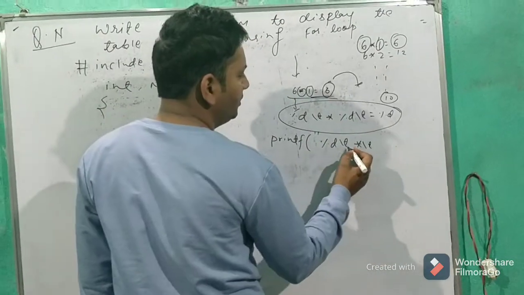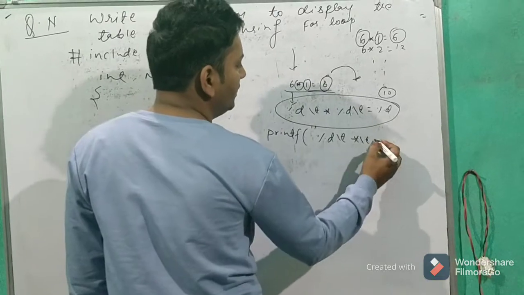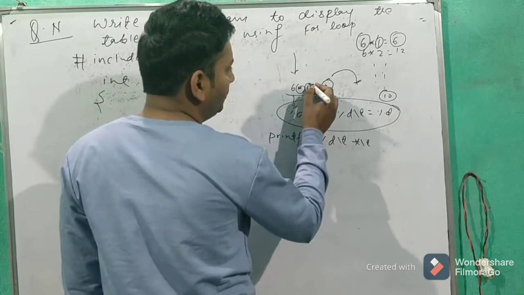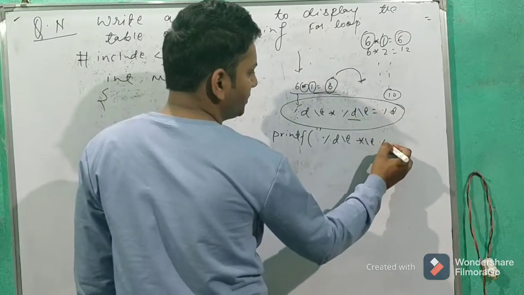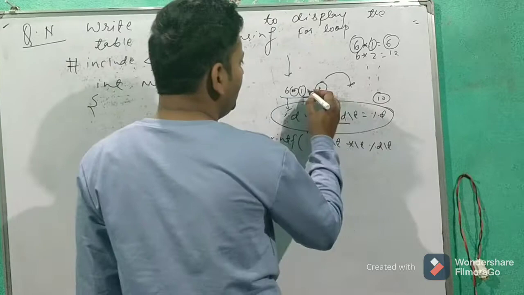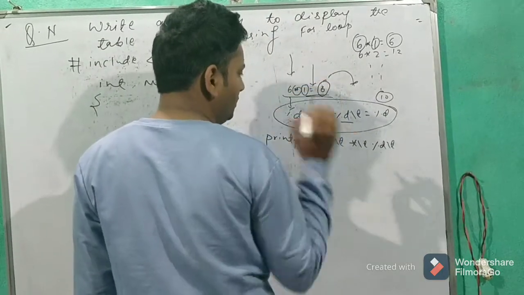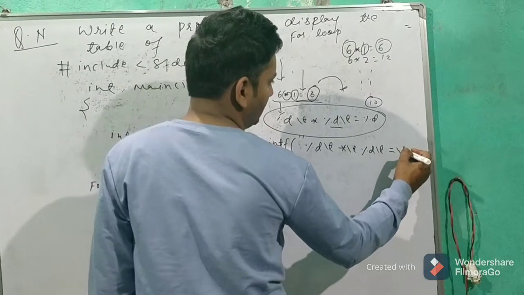Otherwise we can write slash t or slash n or whatever. Then the star. After that we want the number 1, 2, 3. This is the number, so you have to use percentage d slash t. Then you have to print equal to also, so write equal to slash t.